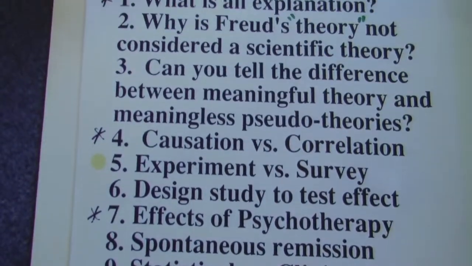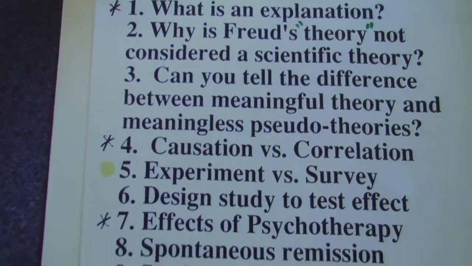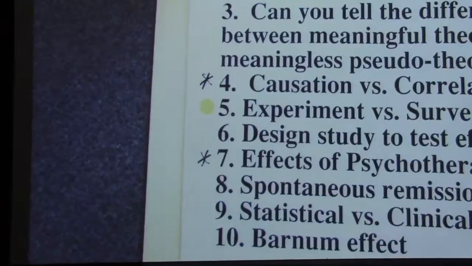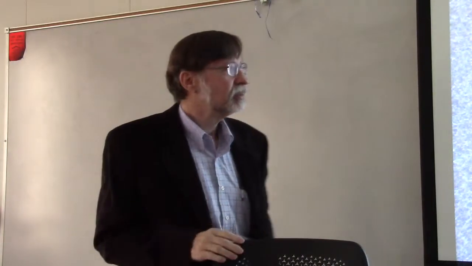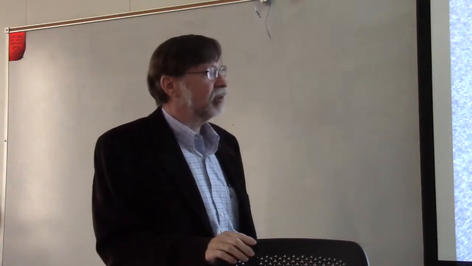So, three parts of the course. First: philosophy of science, what's an explanation, how do you test things, research methods, the beginning of statistics, all that kind of stuff. The second part of the course is sort of a statistical emphasis and prediction: IQ testing, heredity and environment.